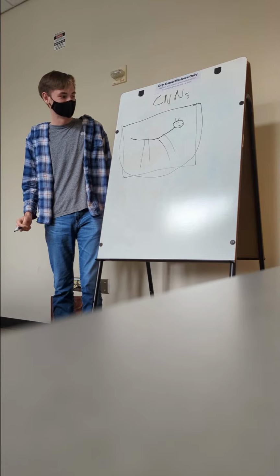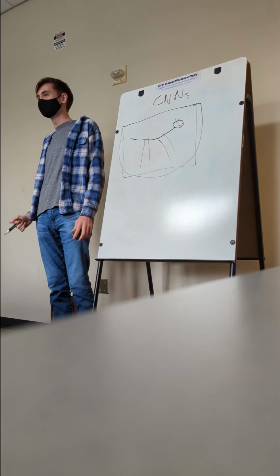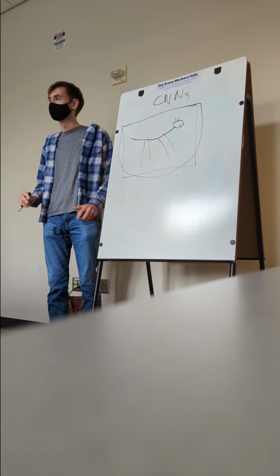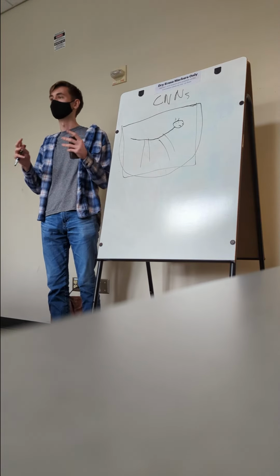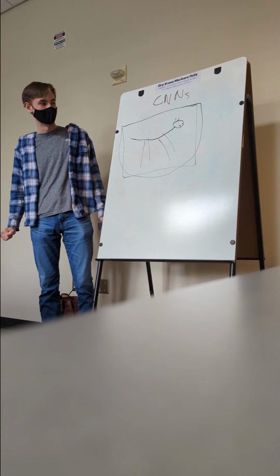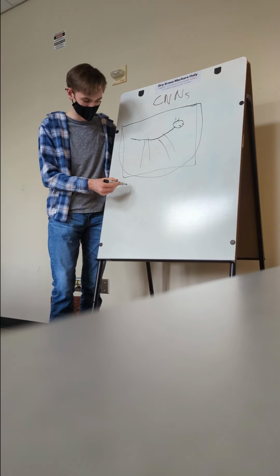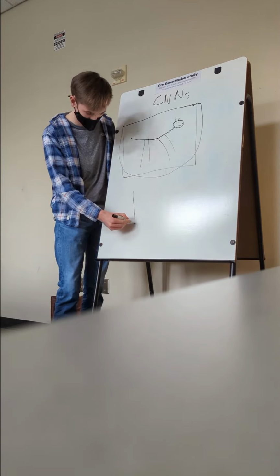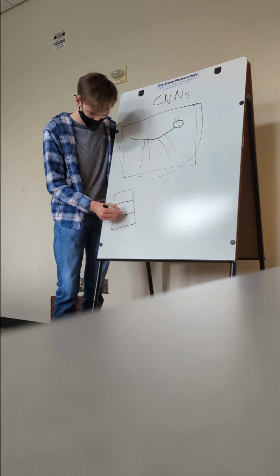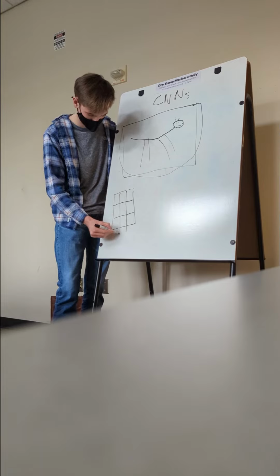A good way that we might think to start processing this image is to look for edges, or look for smaller details in the image that can help us figure out what this is. What you can do is create a filter. Here's a filter, and it's 3 pixels by 3 pixels.